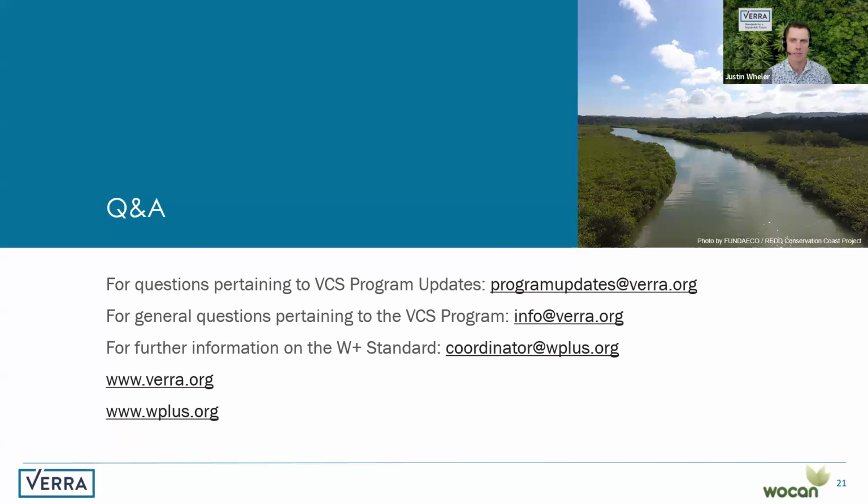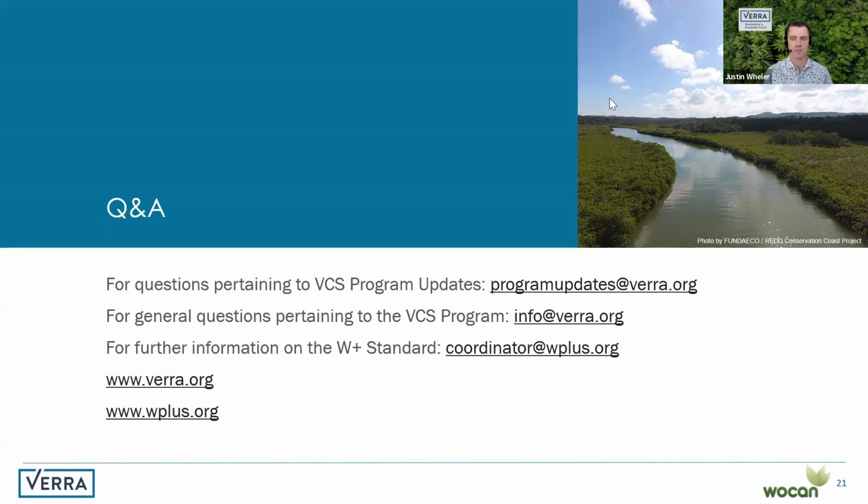When we evaluated it with this update to the guidance, we decided it wasn't really that value added to have joint templates. So instead, the way we've set it up is you use the standard VCS program templates, but you can submit that same template to W+, so you don't have to repeat any information that's in that template in what goes to W+.